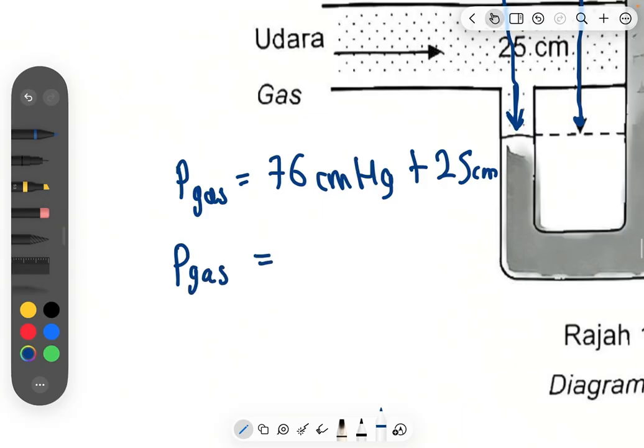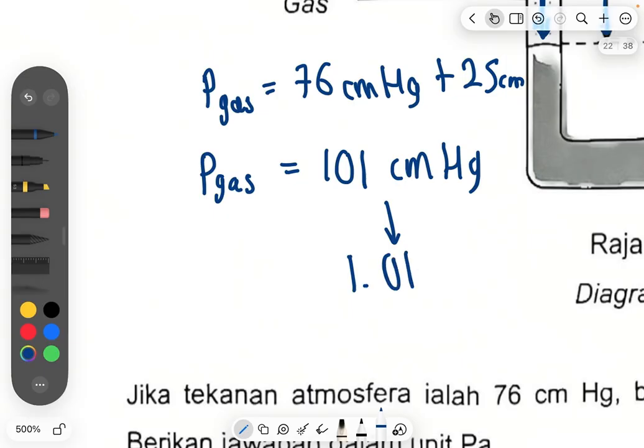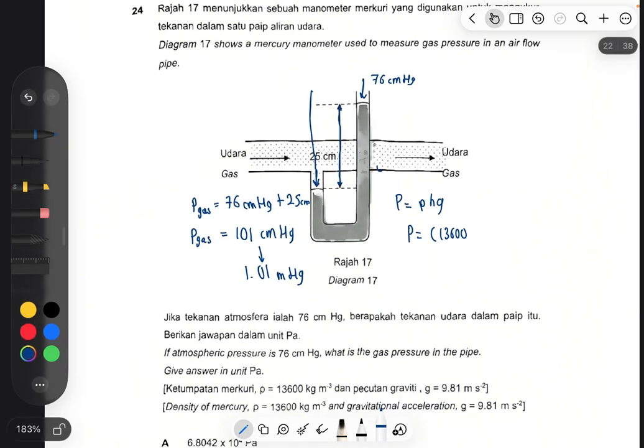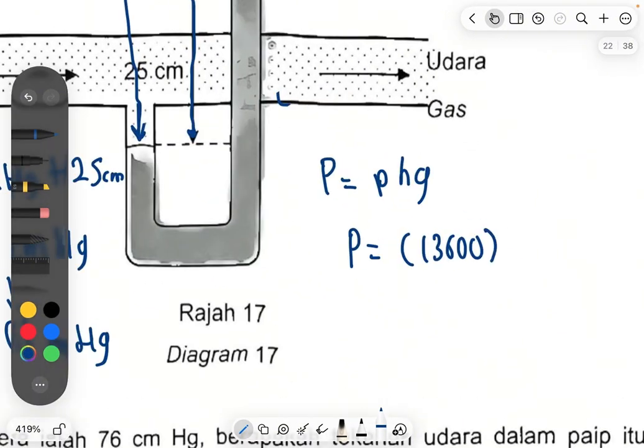So then it's equal to 76 plus 25. 101 cm Hg is equal to 1.01 meter Hg, and convert it to Pascal using the formula rho g h, so P is equal to 13600 times 1.01 times 9.81.